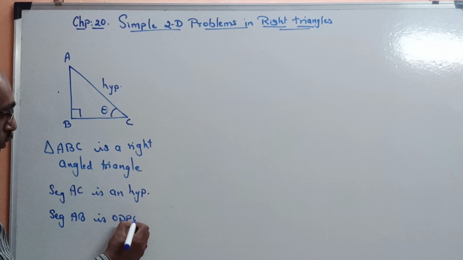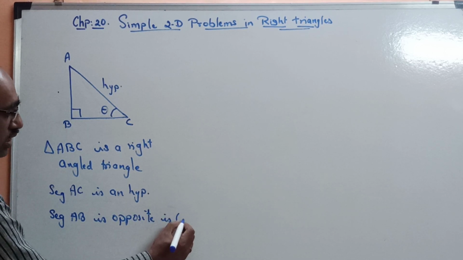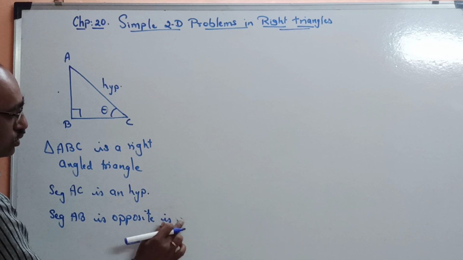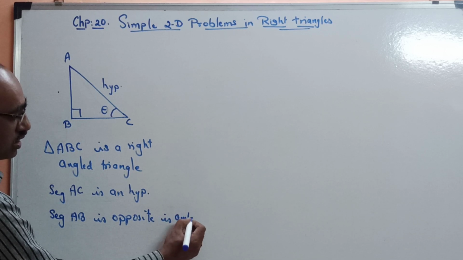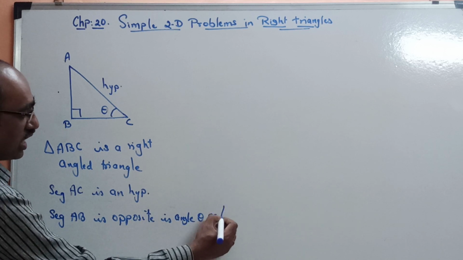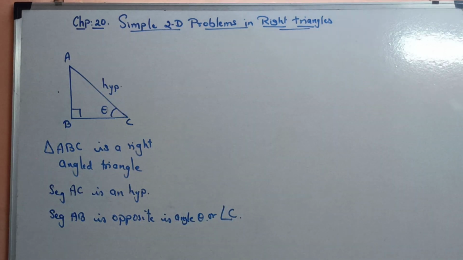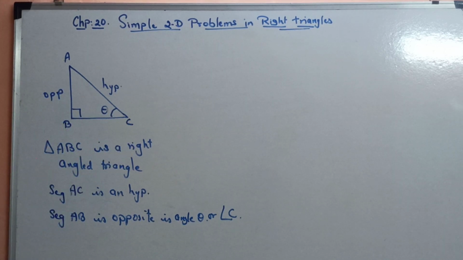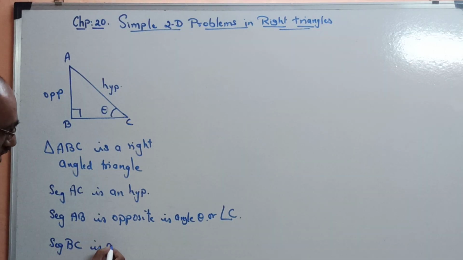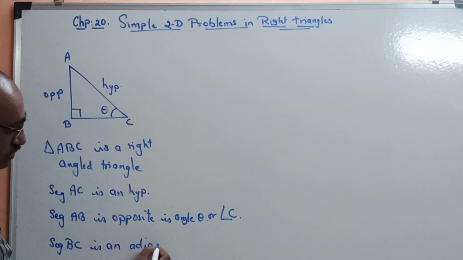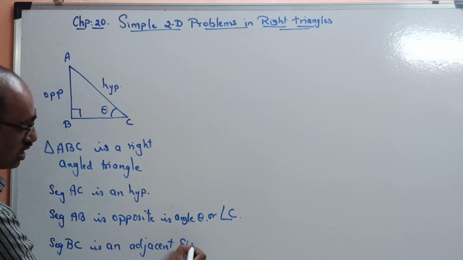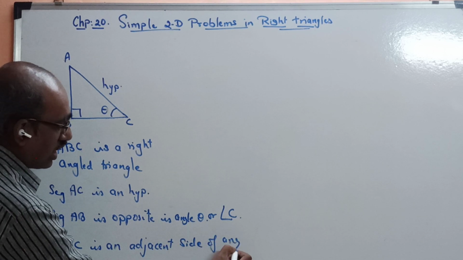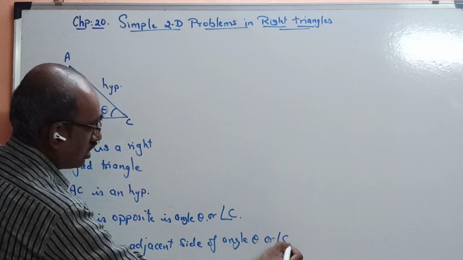So angle theta, or we can say angle C. AB is the opposite side of angle C or angle theta. And what is this BC? Segment BC is the adjacent side of angle theta or angle C.